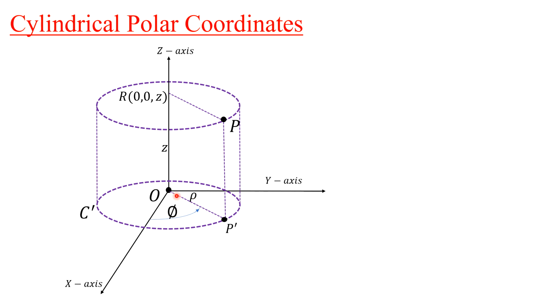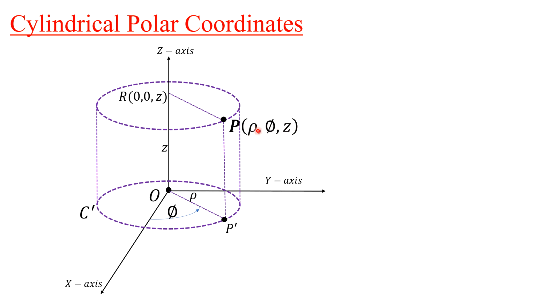Now the angle between the positive x-axis and this radius vector OP dash is phi. Therefore the coordinates of P are rho, phi and z.